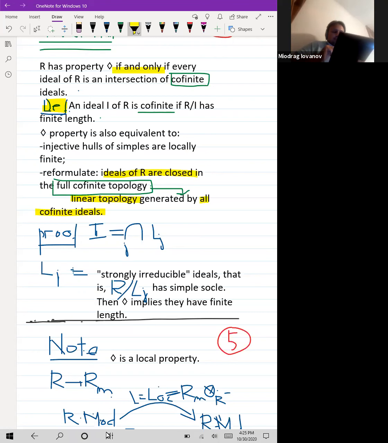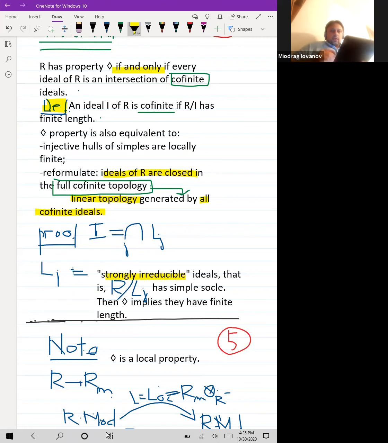And the proof of this is, as I said, very easy. The idea is that every ideal of any ring, even non-commutative rings, but let me just keep everything commutative, every ideal can be written as an intersection of what I call, for lack of a better word, strongly irreducible ideals. So what is a strongly irreducible ideal?